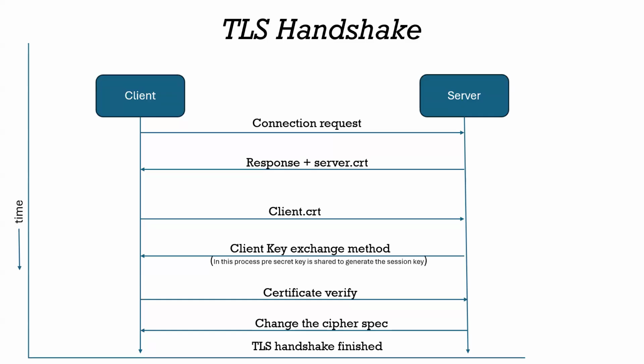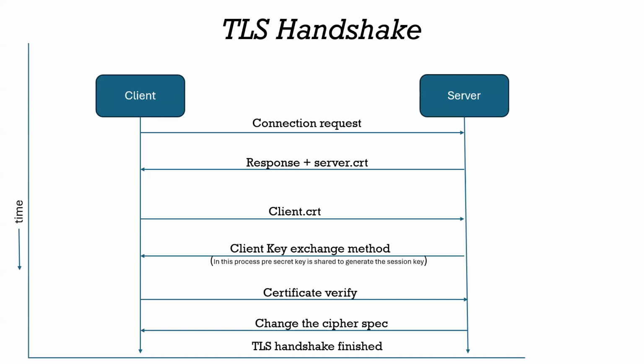Since the server now has the client.cert, it can decrypt the data which has been encrypted by client.key. So it is verified by the server that this is a genuine client. Now they tell each other to change the cipher spec.